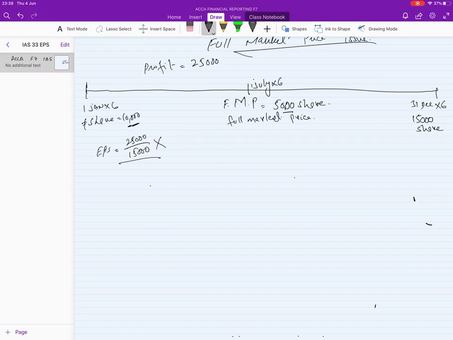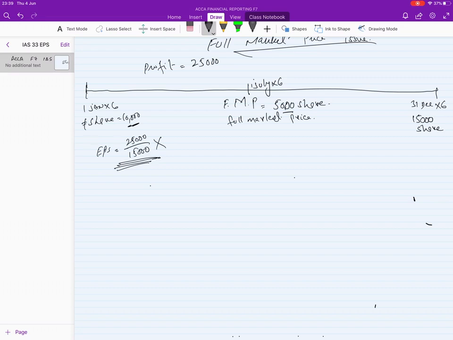So in this answer you did not take any effect of the issue. I told you already in the beginning that a full market issue is a cash issue, it means we are getting cash against it, so we have to take effect from the day the share was issued.